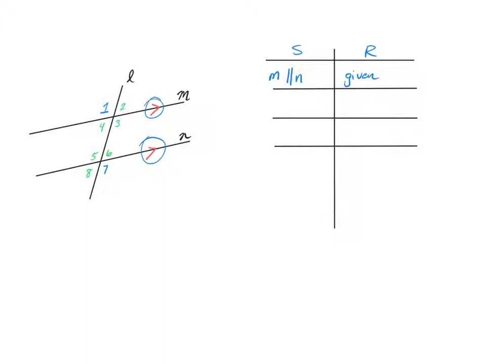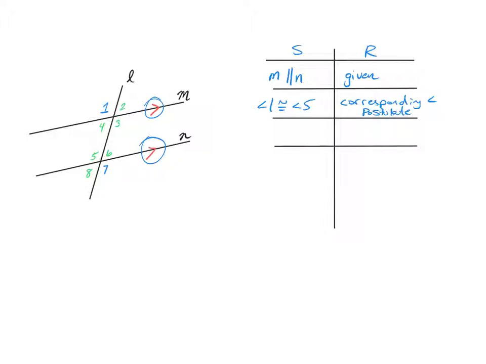And I want to try to prove something about angle 1 and angle 7. Well, one thing that I know already is that angle 1 is congruent to angle 5 because those guys are corresponding angles. So my reason would be the corresponding angle postulate.